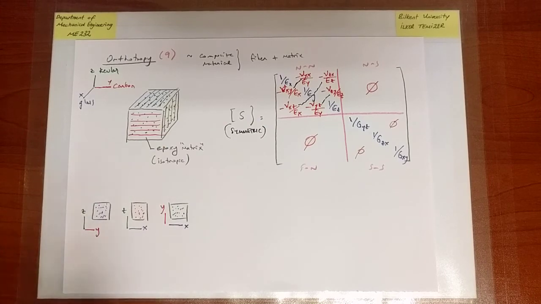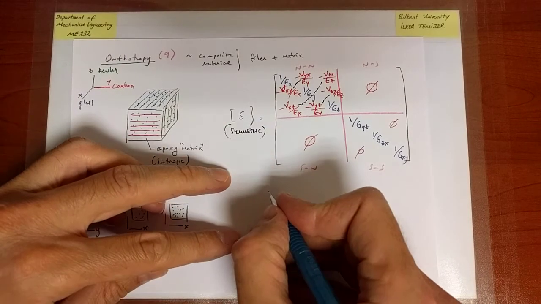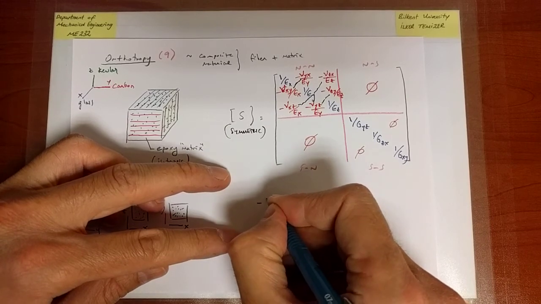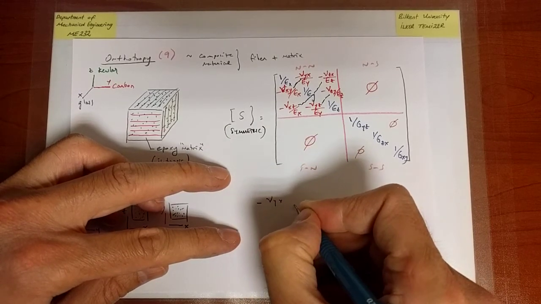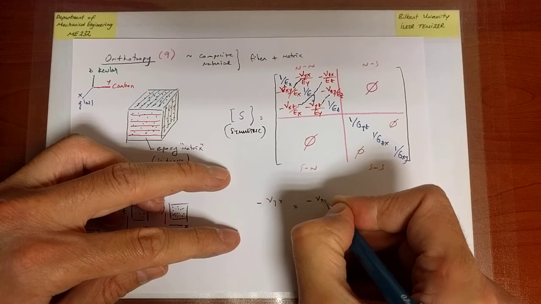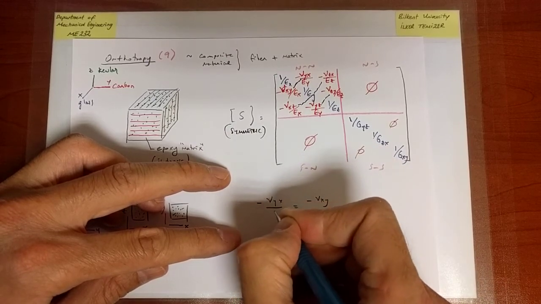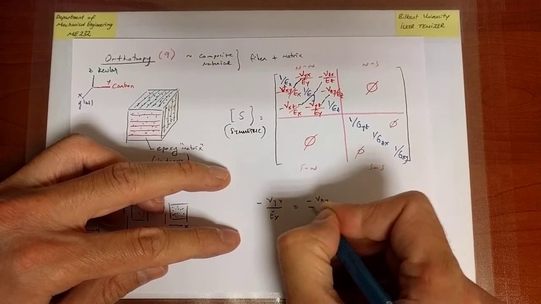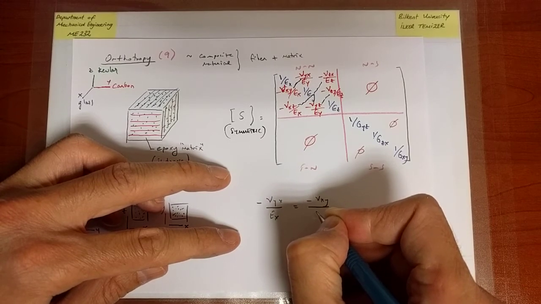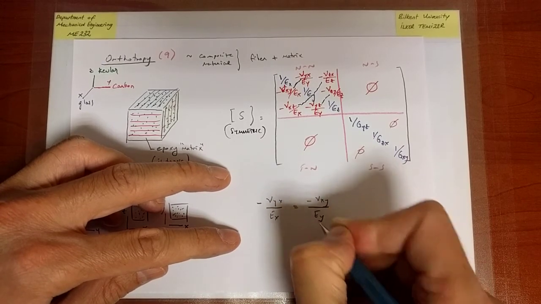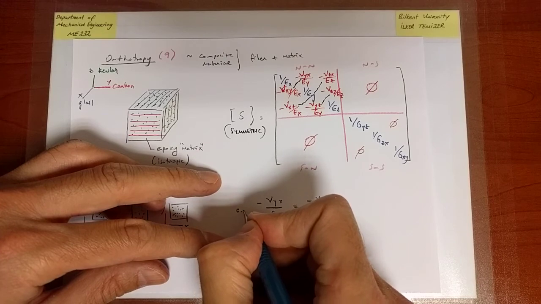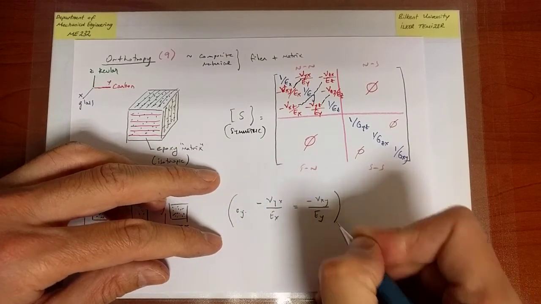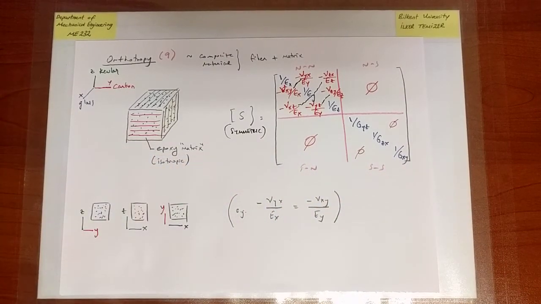Okay? So notice we do not have the Poisson ratio nu yx equal to nu xy. We have that minus nu yx over ex is equal to minus nu xy over ey, as an example. Okay, so that we have to keep in mind.